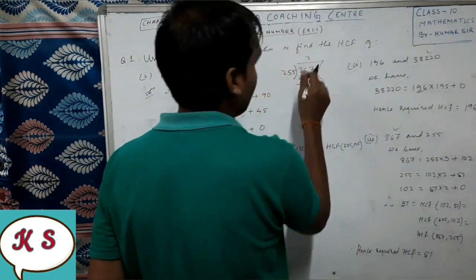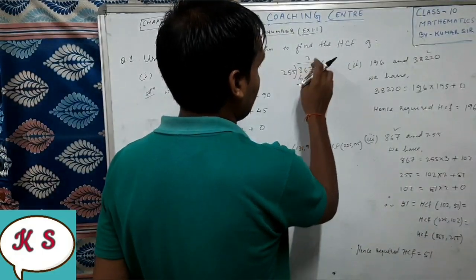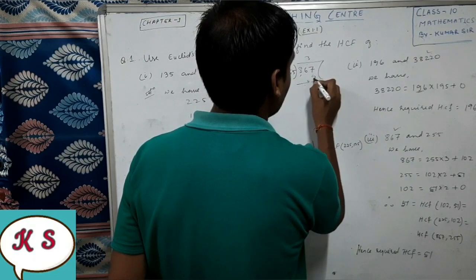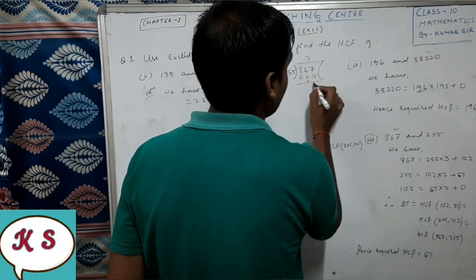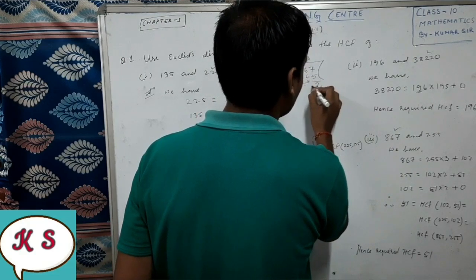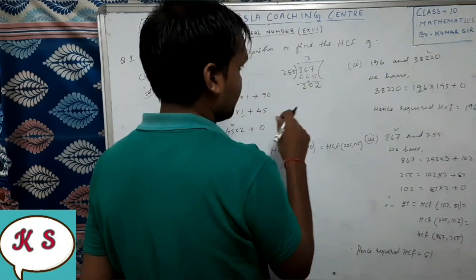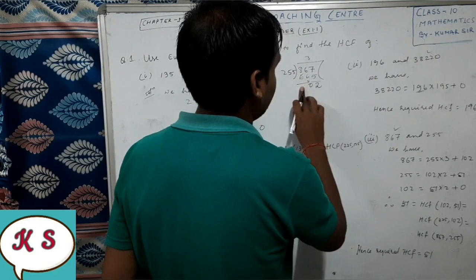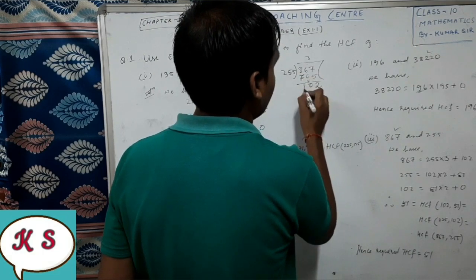If it goes 3 times, 3 5s are 15, 16, and 3 6s, so it will be 2 0 2. This one will be 7, so it will be 1.